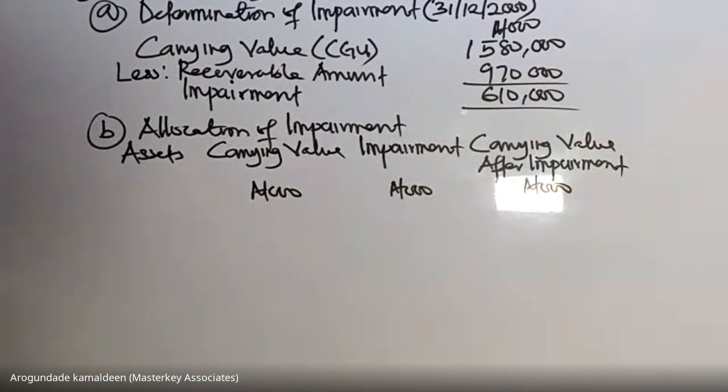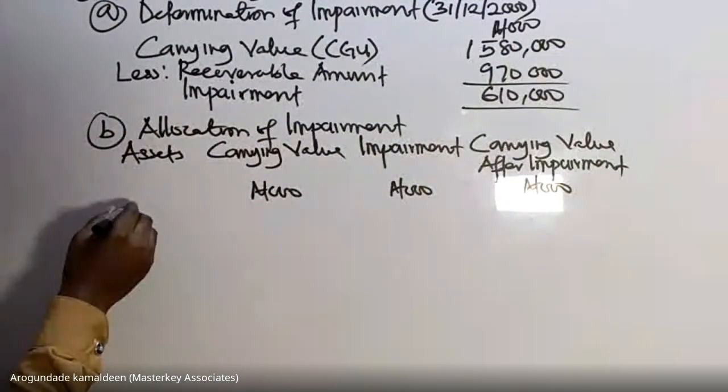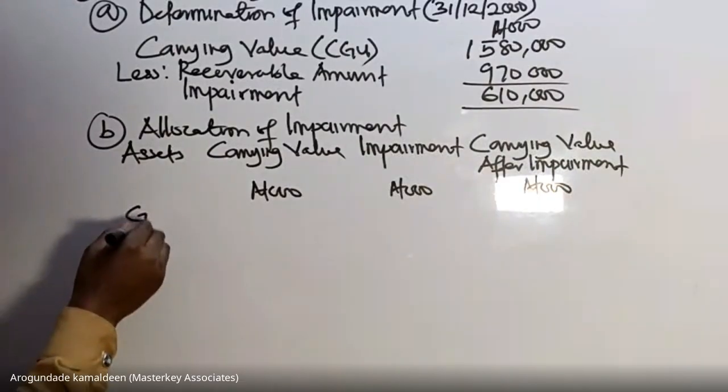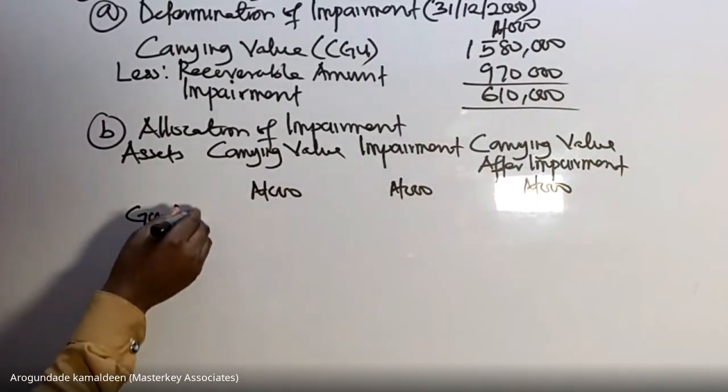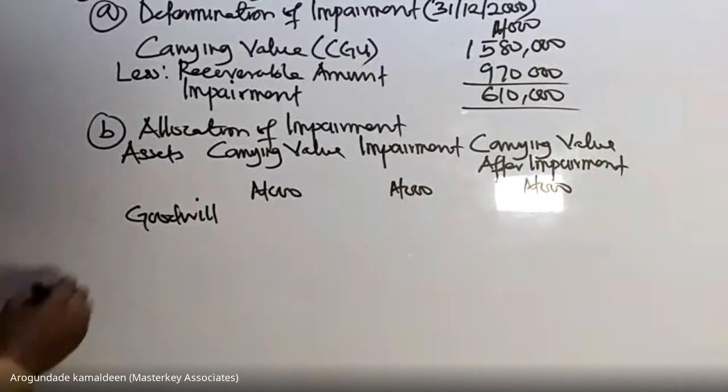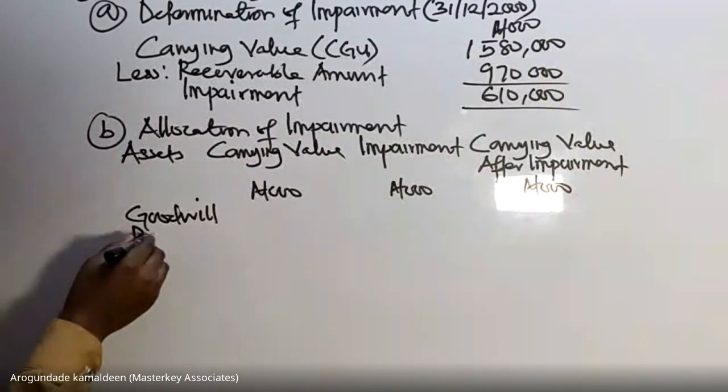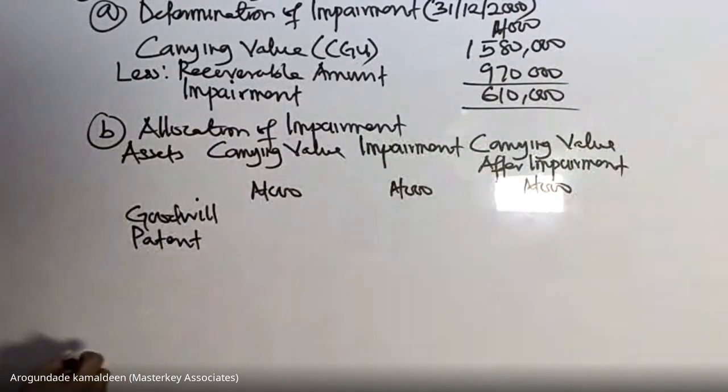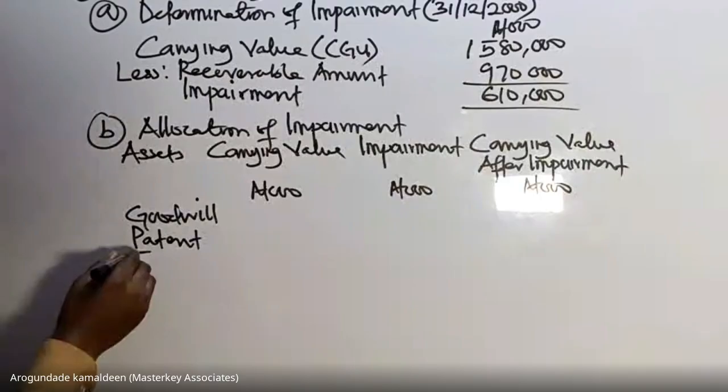Here we have goodwill. We have patent. Here we have freehold property.